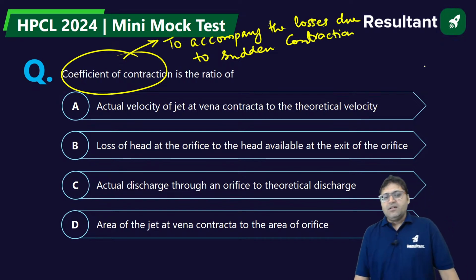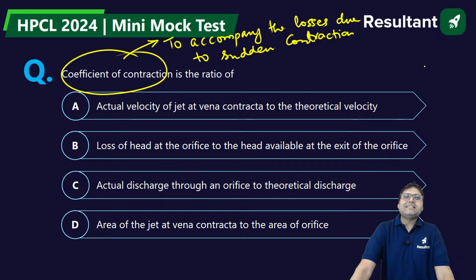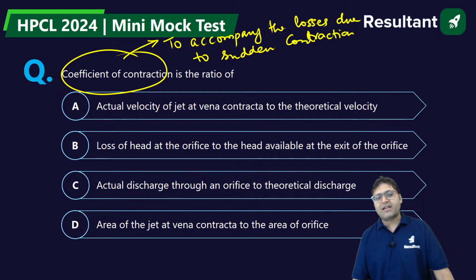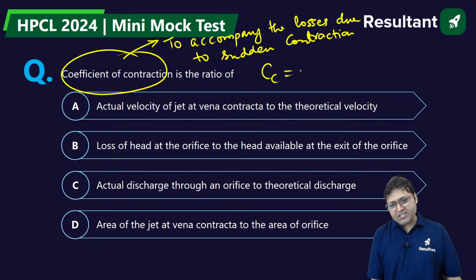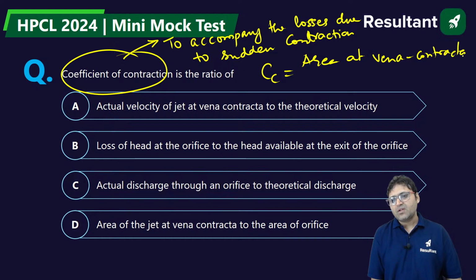And in orifice meter, there is a sudden contraction of the fluid flow, and due to sudden contraction, a vena contracta is developed. So coefficient of contraction is the ratio of area at vena contracta to the orifice area.